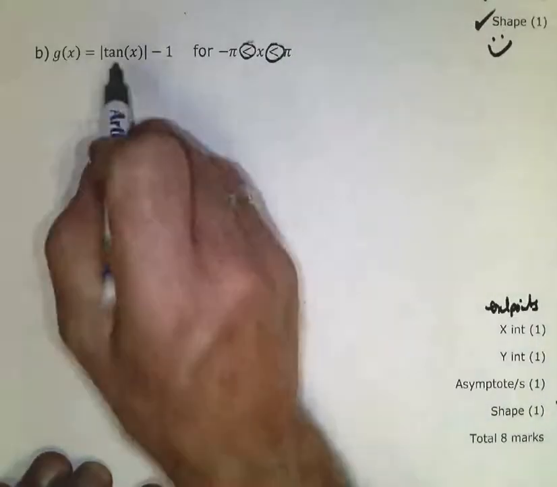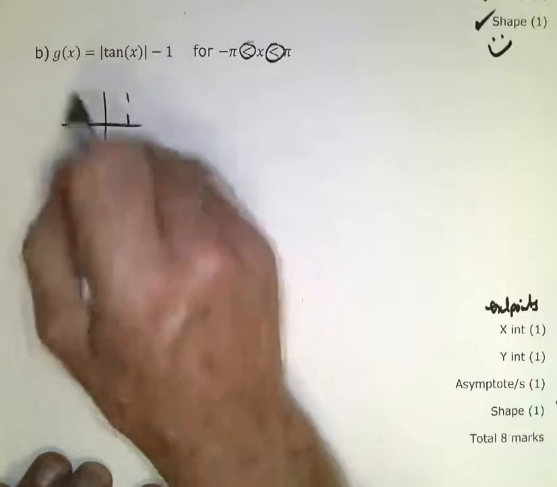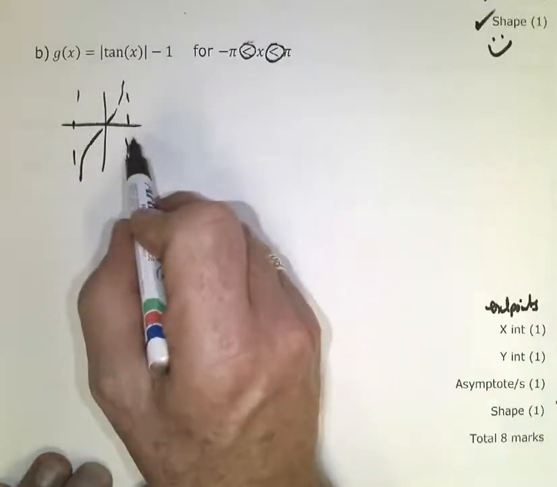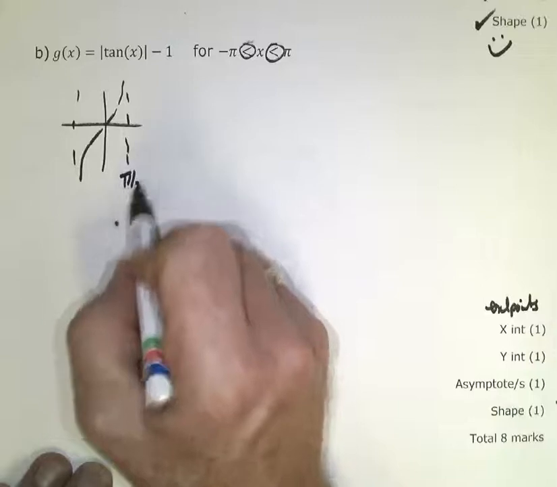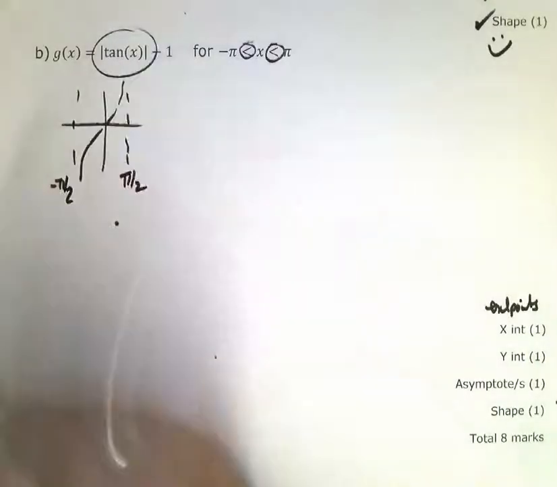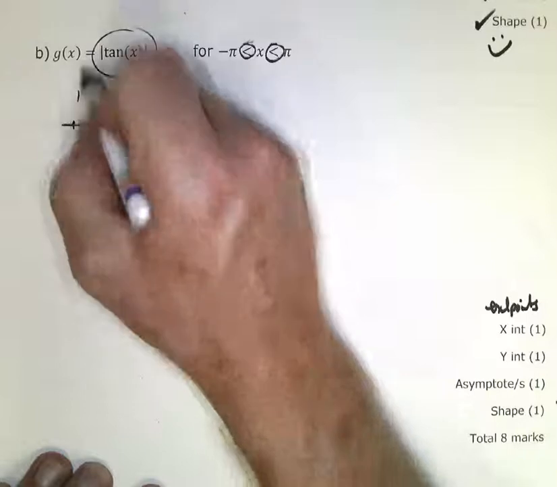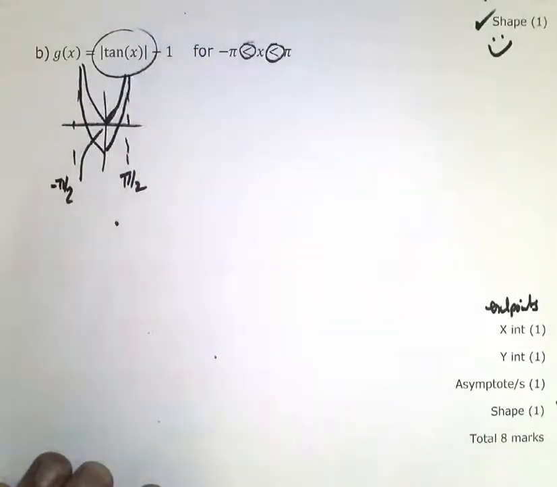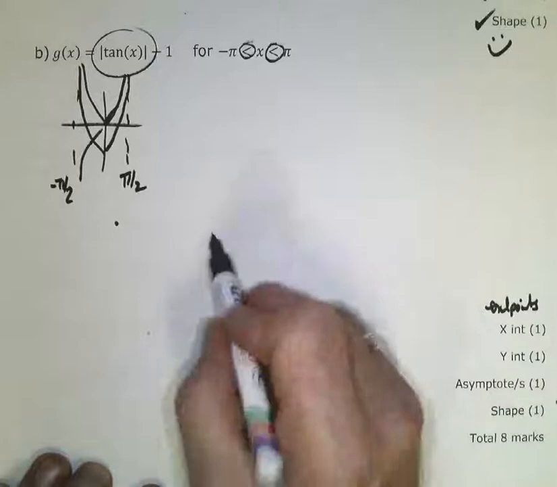Okay, the tan curve would normally look like this, and the period would be half, so pi on 2 minus pi on 2. But to have the modulus, then it ends up looking like that, and then to move it down, it's going to end up looking like that. Okay, I can deal with that.